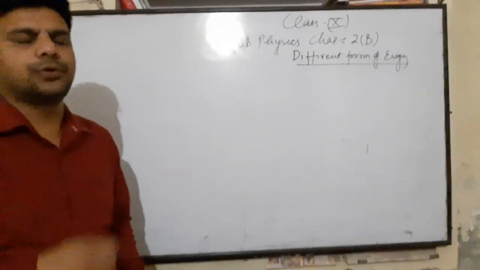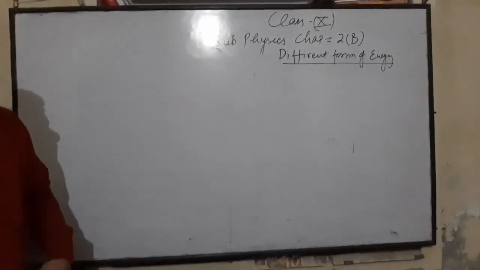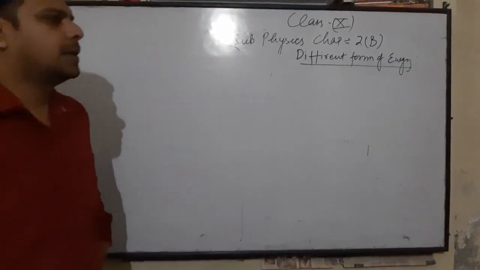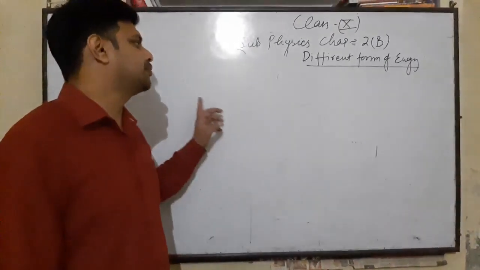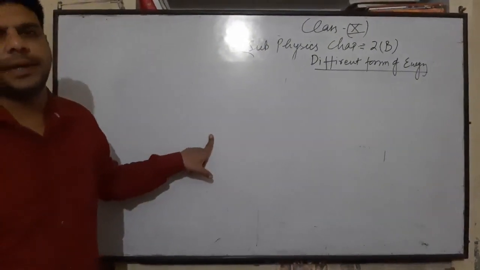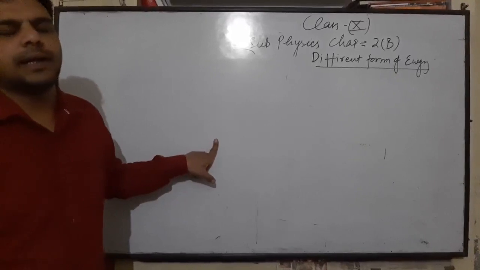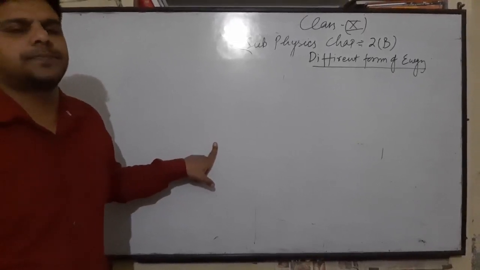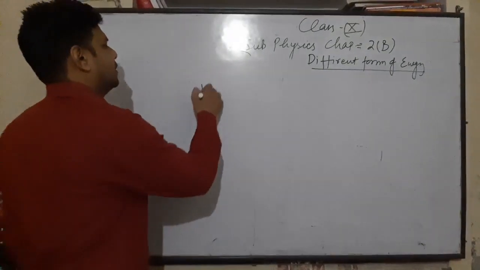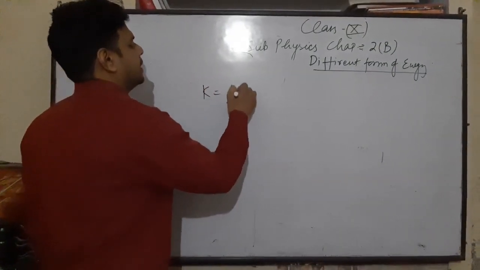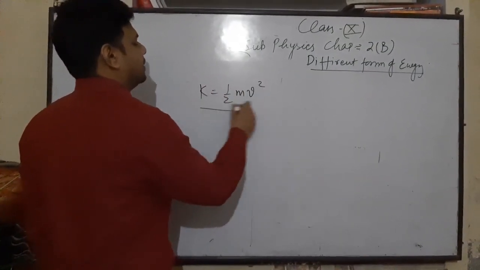Hello student, in last class I told you about the different forms of energy, mechanical energy and its two categories: potential and kinetic energy. I explained the expression for kinetic energy, K is equal to half mv square.